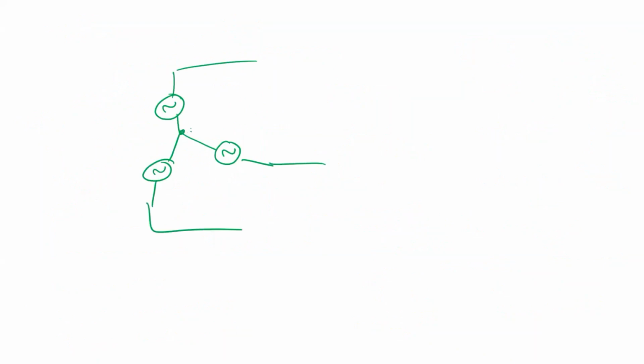If this point is the neutral and it is left open, this is known as three-phase, three-wire. If this is either grounded or connected to some other load neutral, that is known as three-phase, four-wire. Clear? Yes, sir.